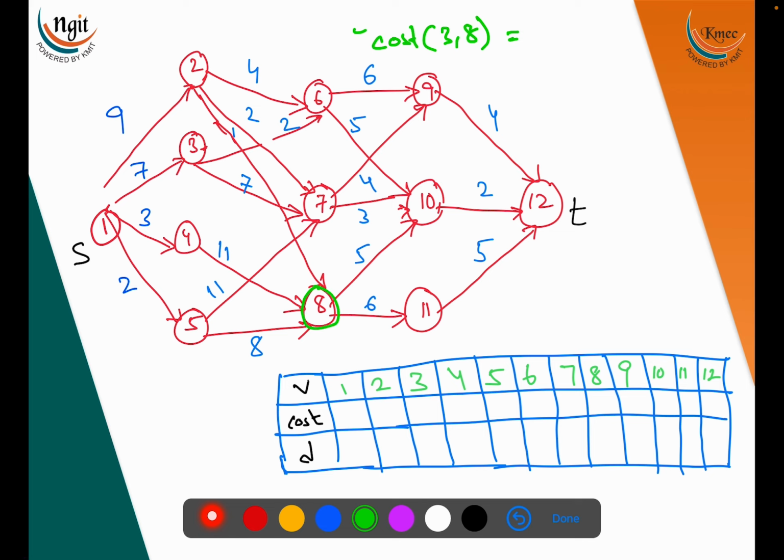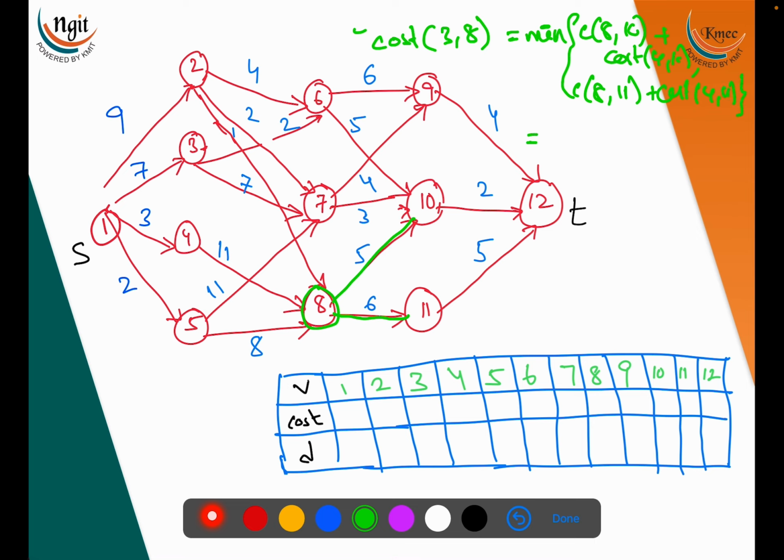How many paths do you have? 8 to 10 is 1, 8 to 11 is 1. So take the minimum because you have two possibilities to choose: C8 comma 10 plus cost of 4 comma 10, C8 comma 11 plus cost of 4 comma 11.